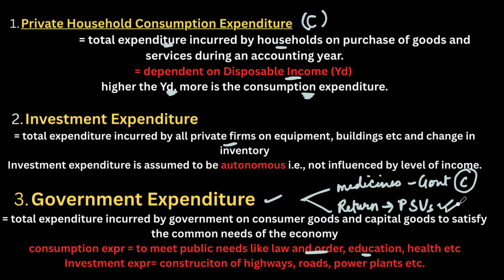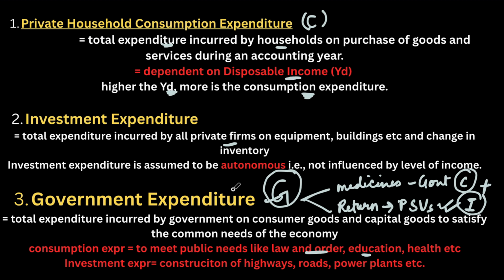This is done for profit making. That is why we call it government investment expenditure. To get total government expenditure, we add them both up: government consumption expenditure plus government investment expenditure becomes government expenditure, G.